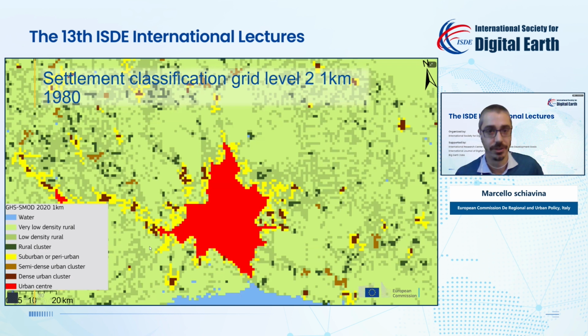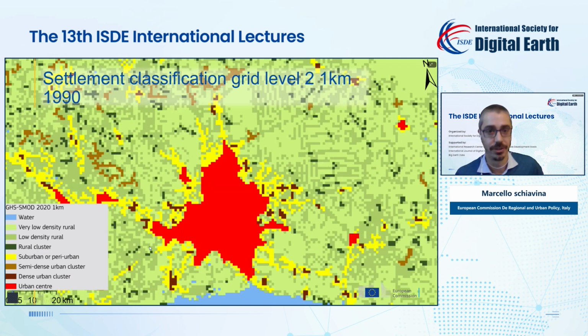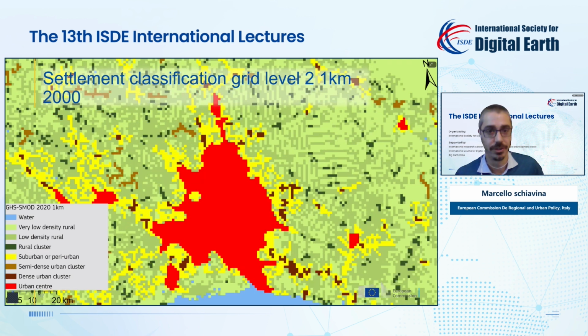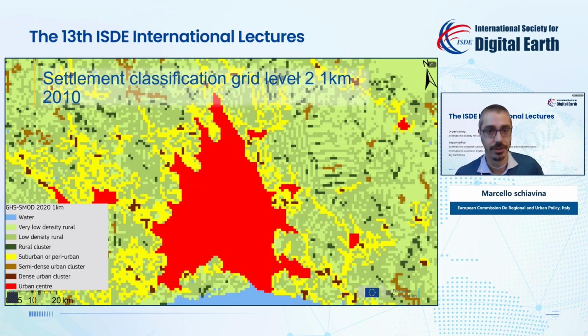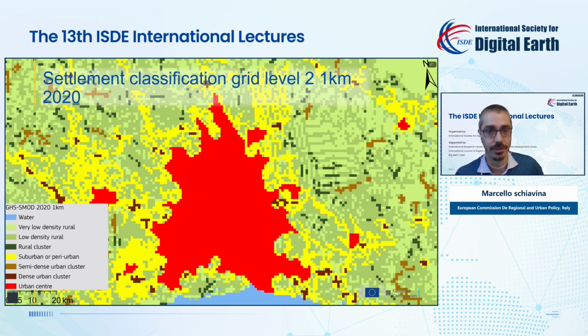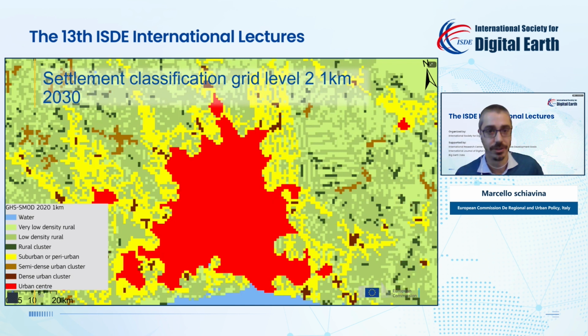And by progressing in time, we can go to 1990, and then to 2000, to 2010, to 2020, and finally to 2030. So we have seen how the urban center of Bangkok expanded in 50 years with a growing peri-urban area, and how several other settlements were born meanwhile.